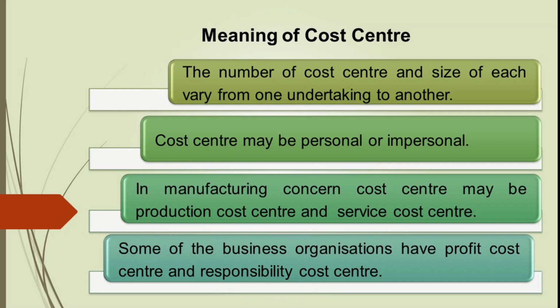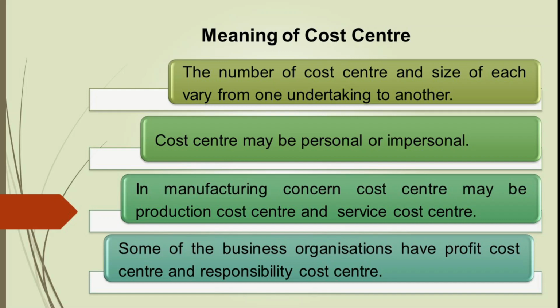Profit cost center is defined as a segment of the business entity by which both revenues are received and expenses are incurred or controlled. A profit center is any subunit of an organization to which both revenues and costs are assigned so that the responsibility of a subunit may be measured.